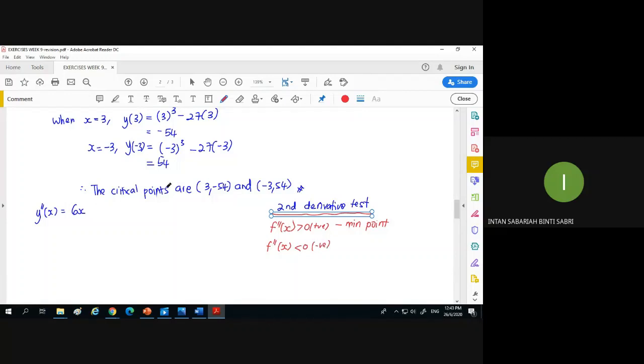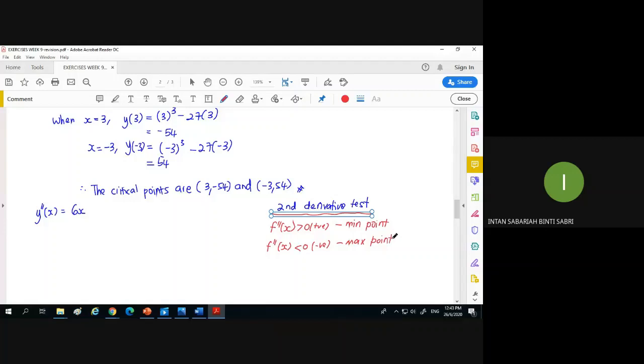So kalau f double prime x less than 0, maksudnya you dapat negatif. Contoh, you masukkan 3 ni dalam second derivative ni kan. Dalam second derivative ni you dapat negatif. Contoh, negatif 3 darab dengan 3 you dapat negatif 18, right? So negatif kan? So kalau negatif dia opposite, dia akan jadi maximum point.